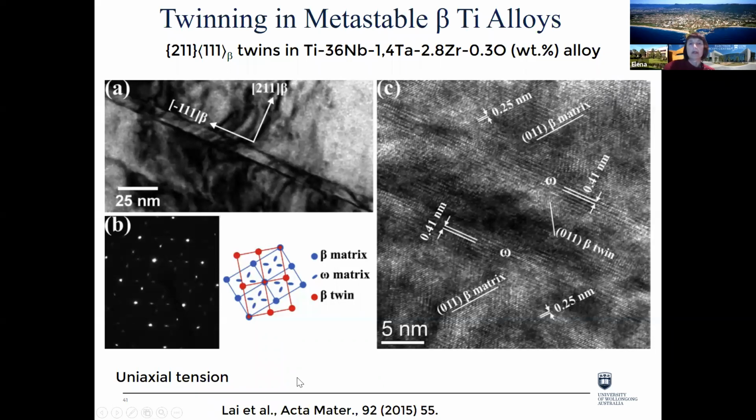This is the same work from Rabe's group, so we have joint formation of {112}<111> twins with deformation-induced omega formation. And again, the same explanation was given: stress formed in the beta matrix resulting from twin formation helps to overcome the energy barrier for omega formation in beta phase.